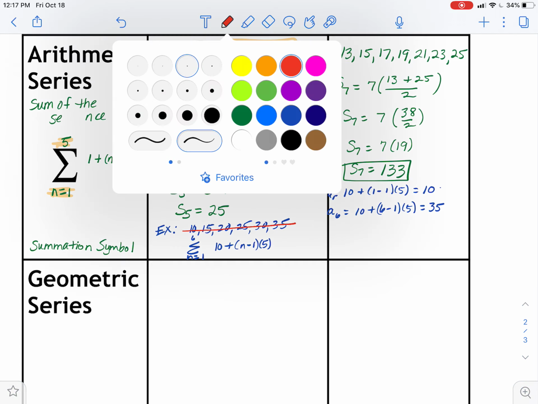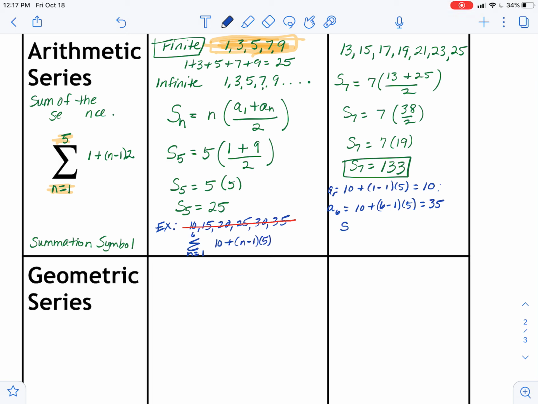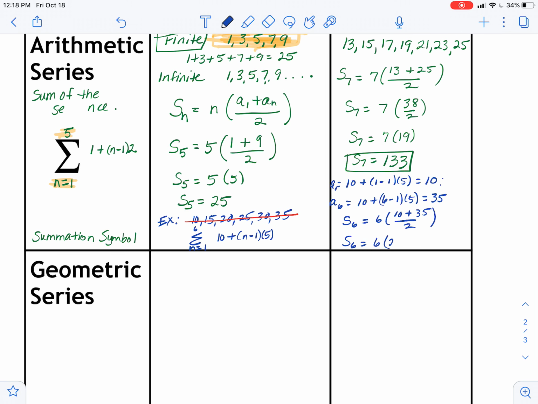So when I go do my summation, now I've got my A1 and I've got my A6. Now I can do S of, what did I say that was? 6 is 6 times 10 plus 35 over 2. So S of 6 would be 6 times, what is that? 45 divided by 2. 45 divided by 2 is 22.5.